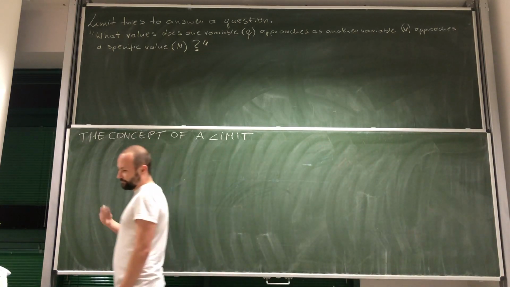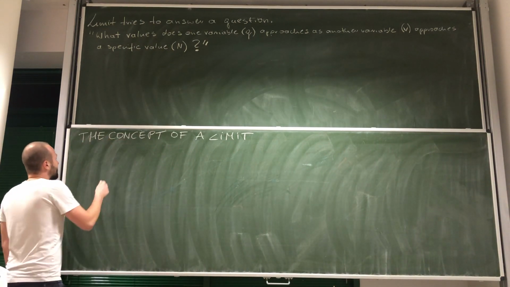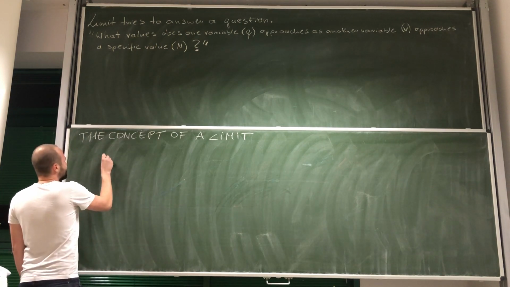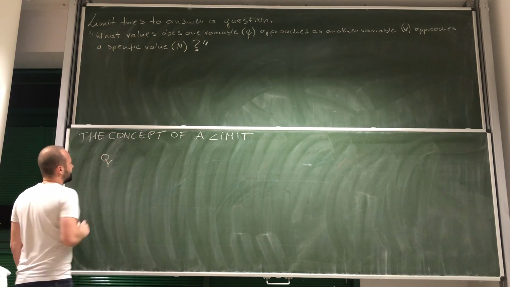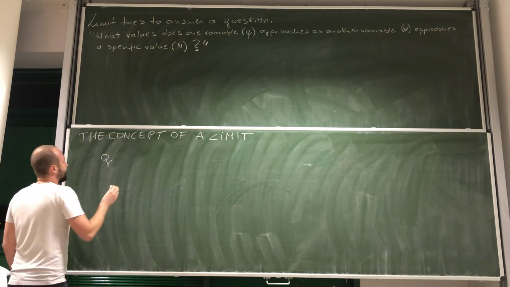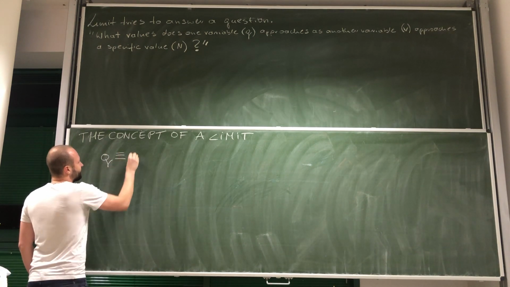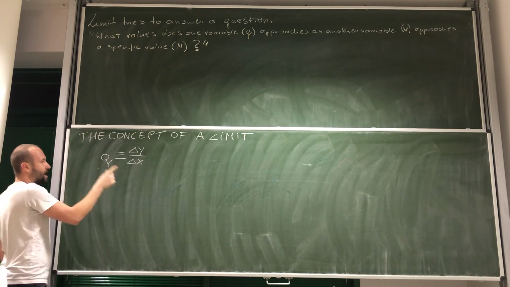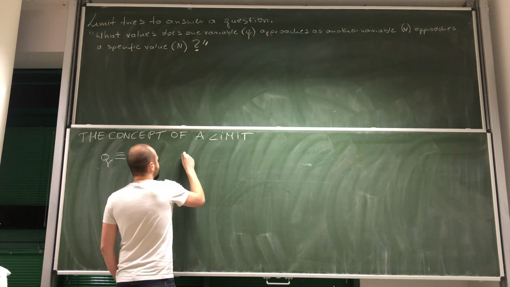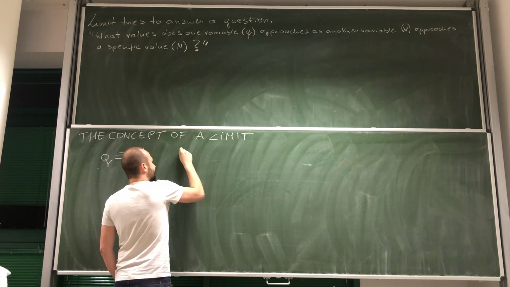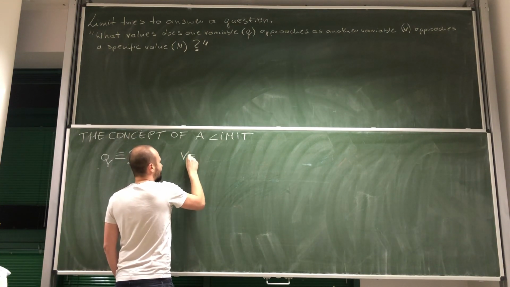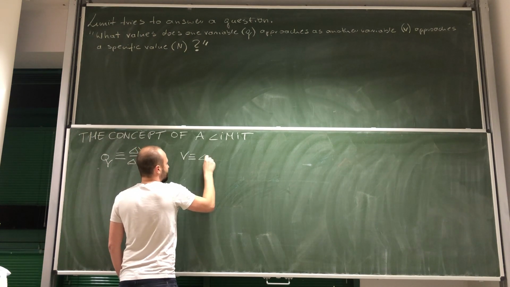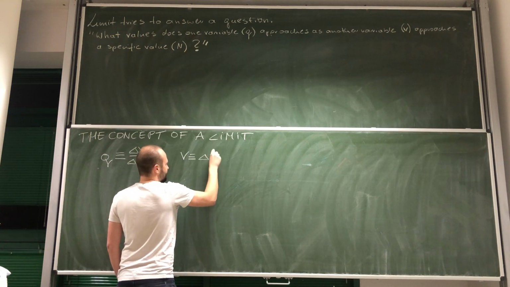Okay, so look, to be more general, let's just say that for a second we're going to denote the difference quotient as Q, while we're going to say that V is equal to delta x.